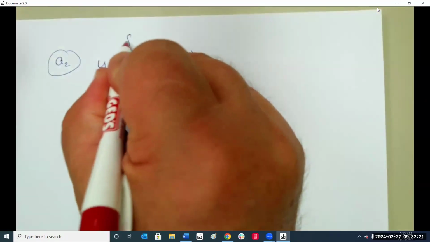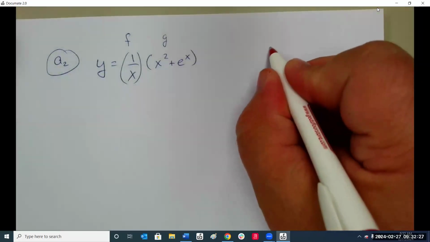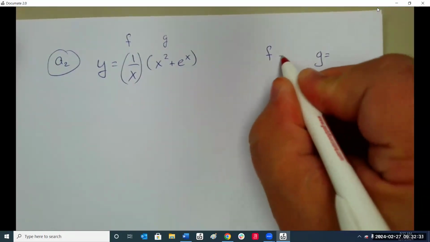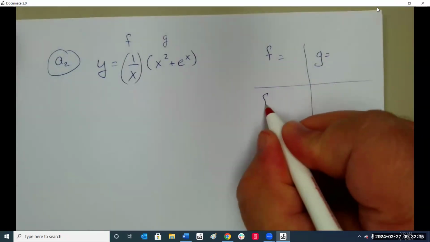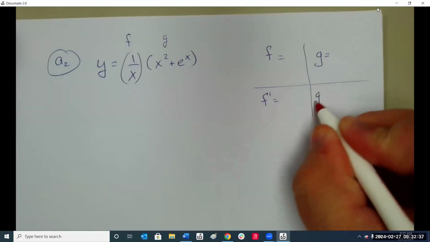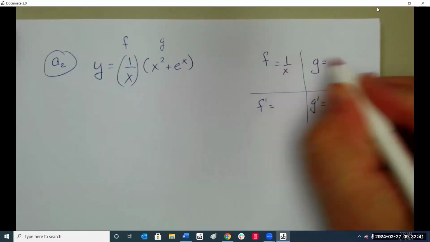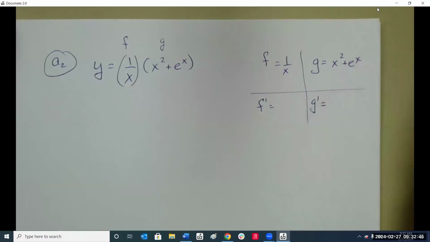The first one is F, the second one is G. So we have 1 over x times x squared plus e to the power x.